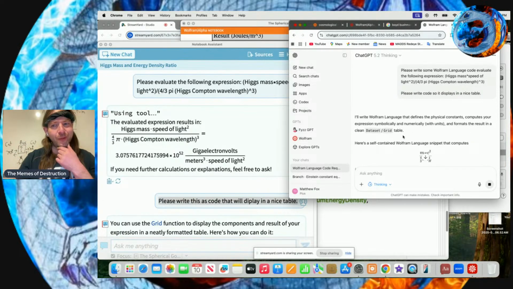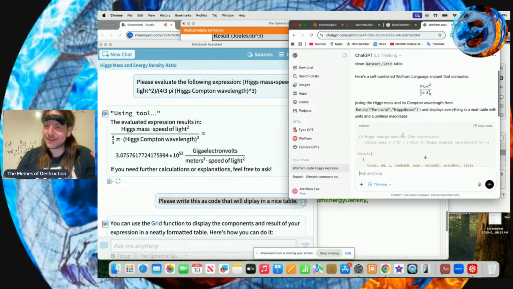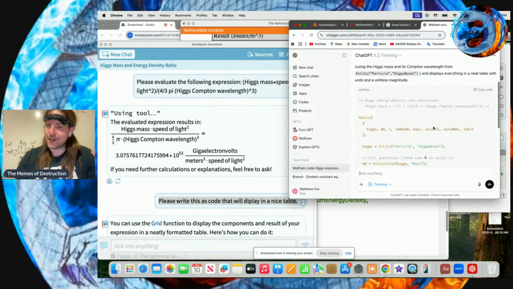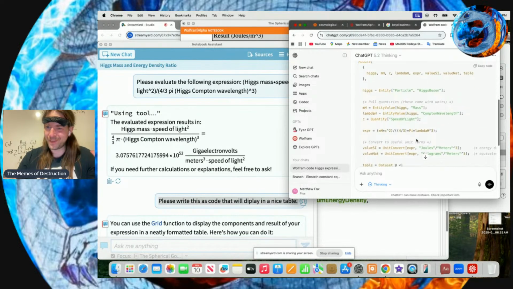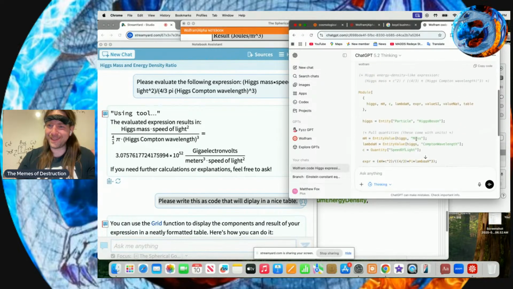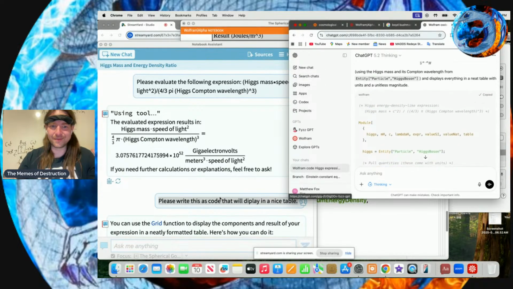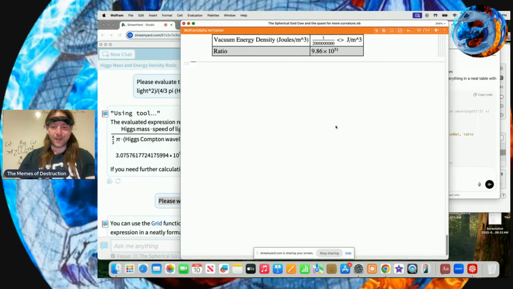Here's a self-contained Wolfram. Oh, now the question is, is it actually going to work? Again. Okay, module, blah, blah, blah, entity particle. Okay. All right, well, this is the part it did right first. Let's see how it compares.